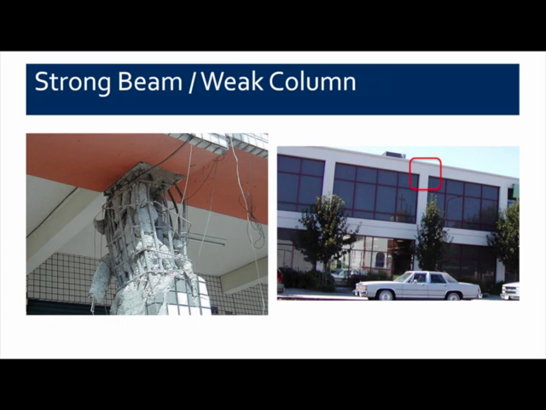If you look on the left-hand side, you see a frame to an older code that was not detailed for that requirement, and in fact the beam above is substantially intact, while there has been very substantial damage to the column.